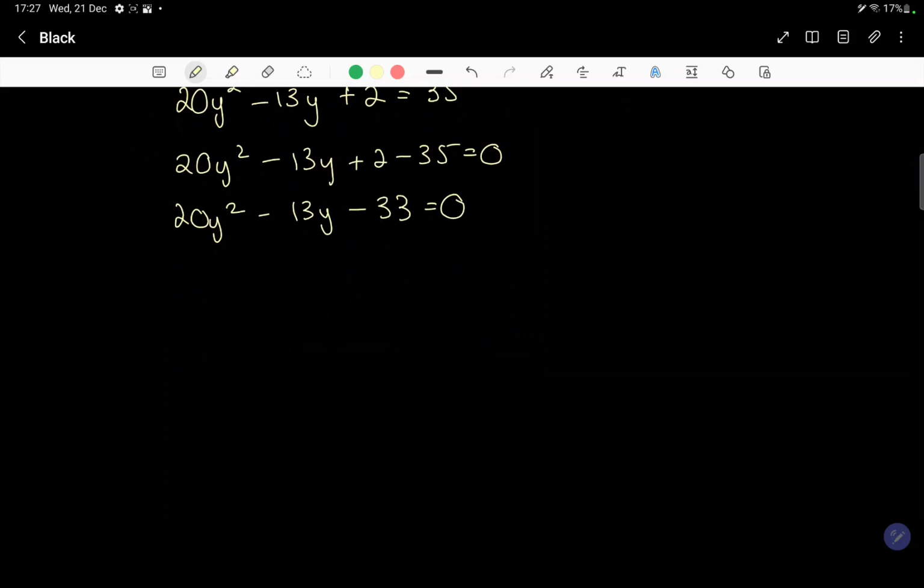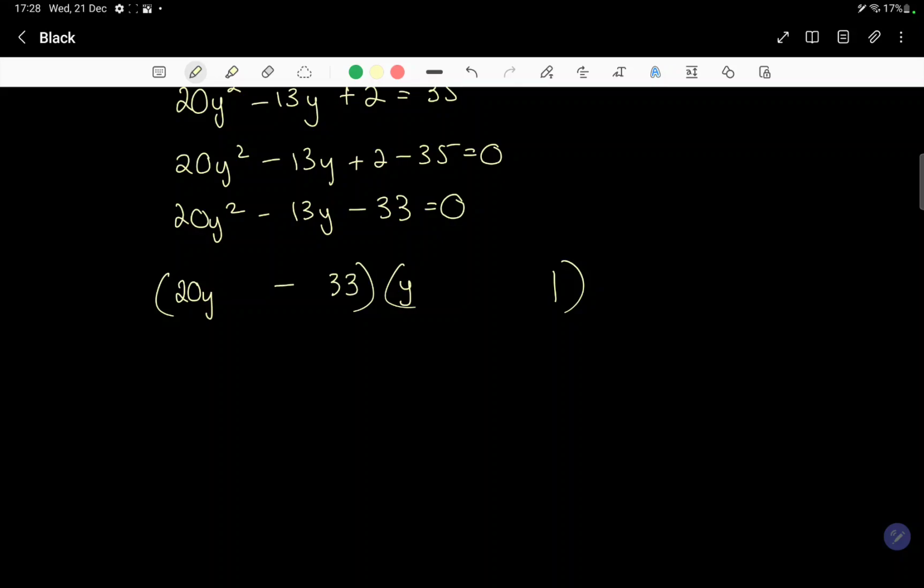So to find the two y values, you're going to factorize it. So you'd first check if there's anything you can divide the whole line by, and there's not. So we're just going to go straight into factorizing it. So 2 brackets, and we're going to have 20y in one bracket, y in the other bracket, a 1, and a 33.